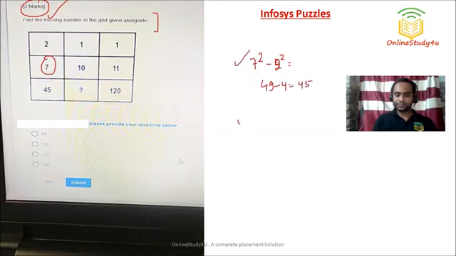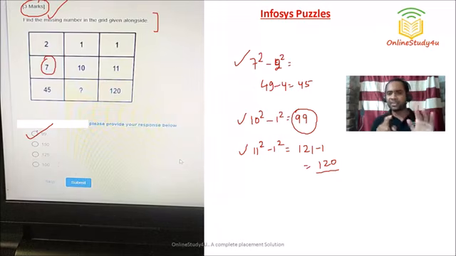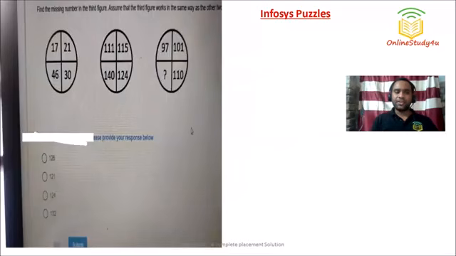Then 10 square minus 1 square will be nothing but 99. And then 11 square minus 1 square. So 121 minus 1 will be nothing but 120. So logically, the answer here is 99. You could have just ticked the answer. So remember, addition, subtraction, multiplication, and square. These are the things which you have to use to get the problem done.